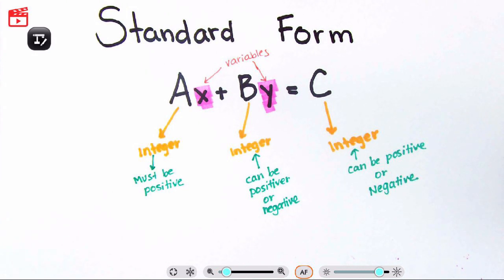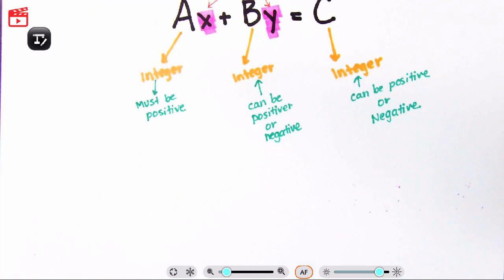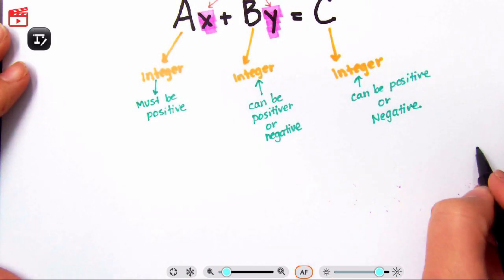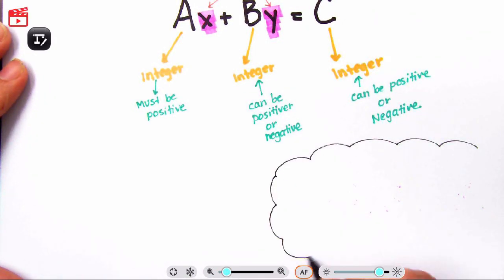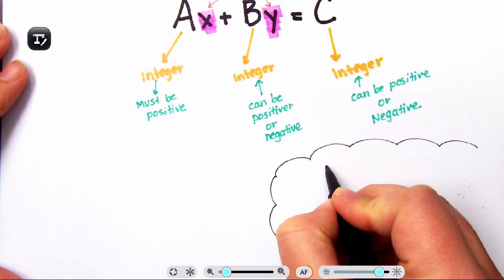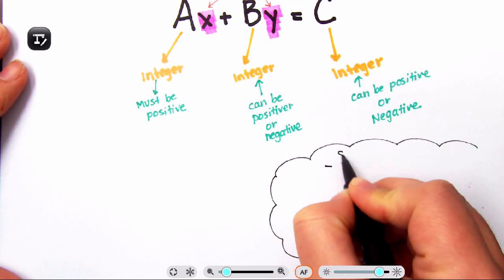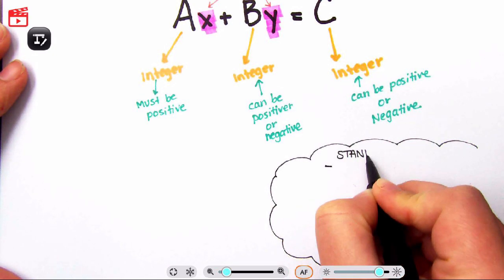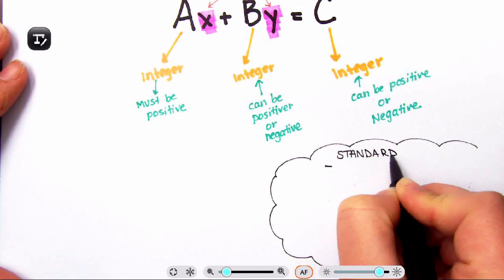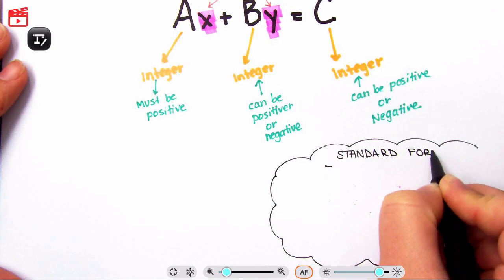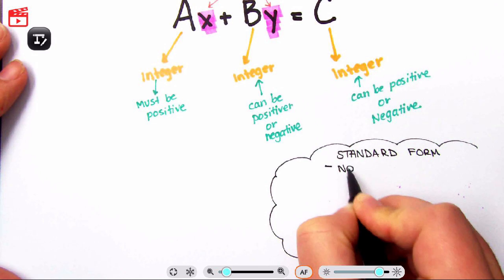So let's look at an example. Let me write this out in a thinking bubble. So standard form. It means no fractions.